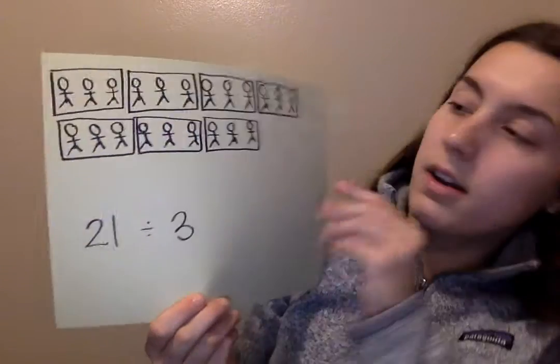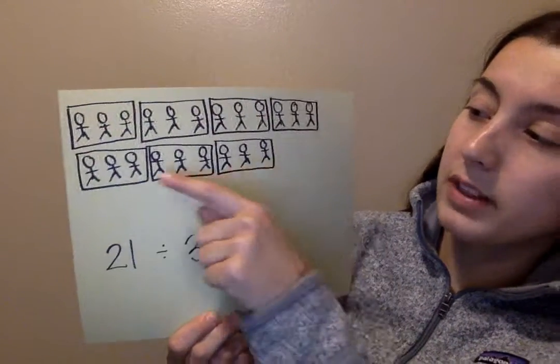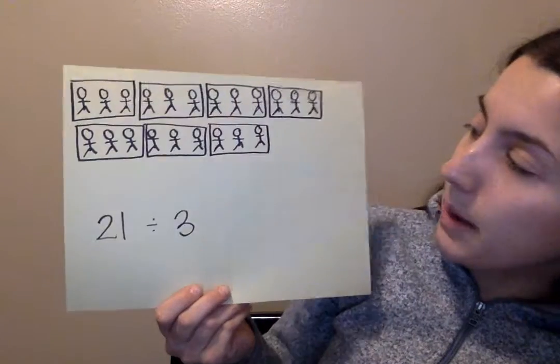Now I'm done drawing, so each person fits perfectly into a van, so we're not going to leave any people behind on this field trip. That would be super sad.